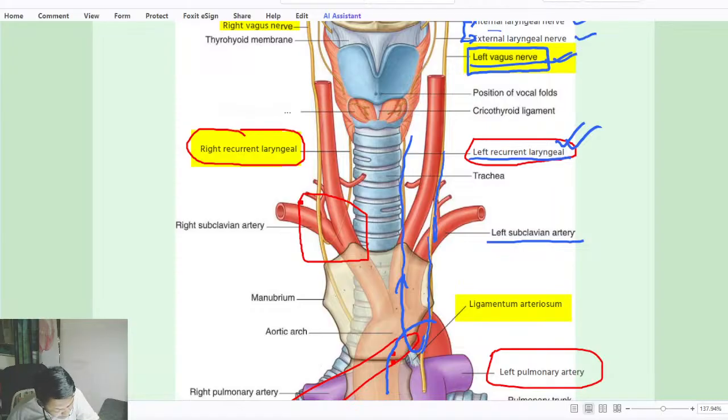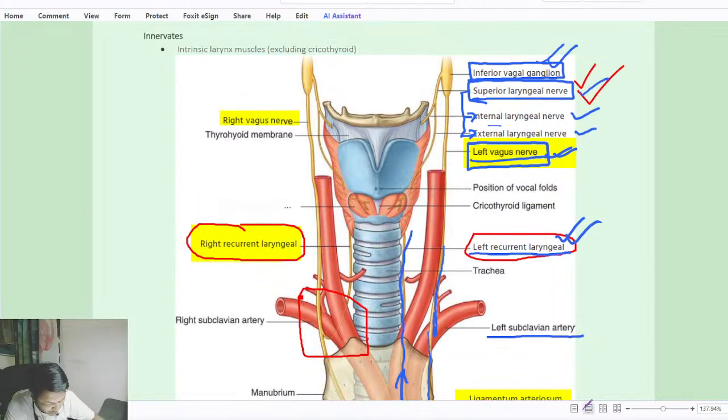But in the right side, same, they arise from inferior vagal ganglion. Then they give the laryngeal nerve, which divides into internal and external, and separately the right vagus nerve.